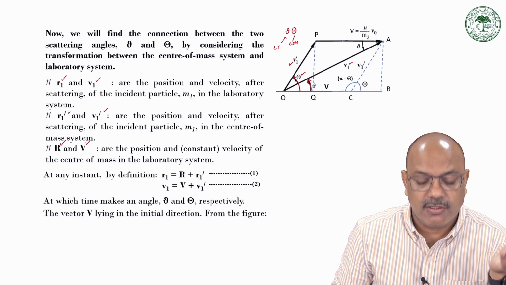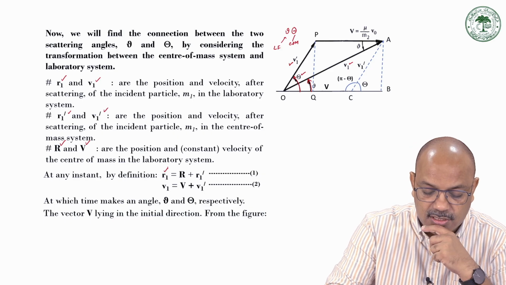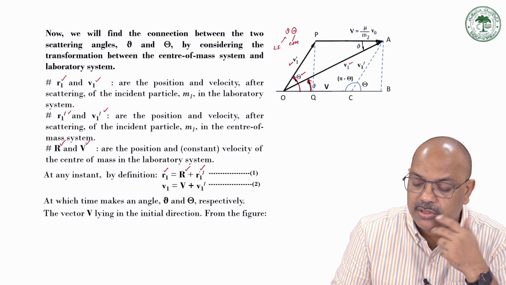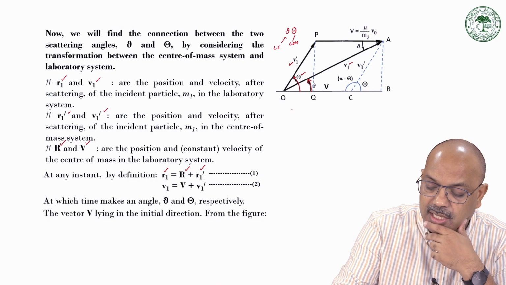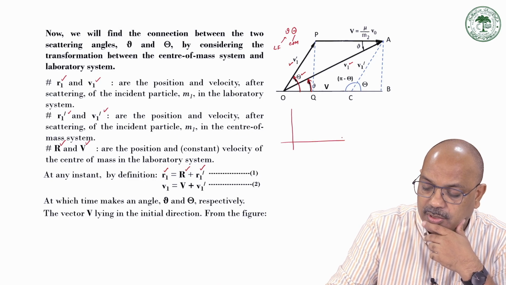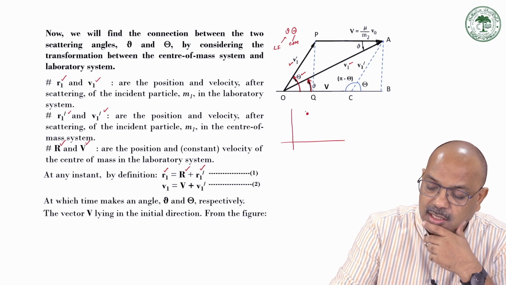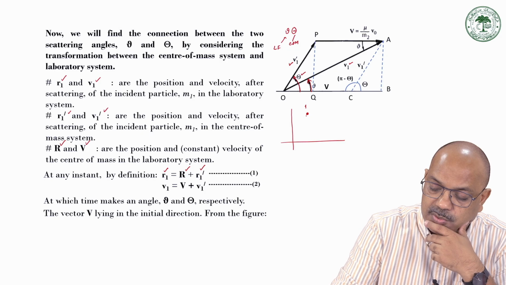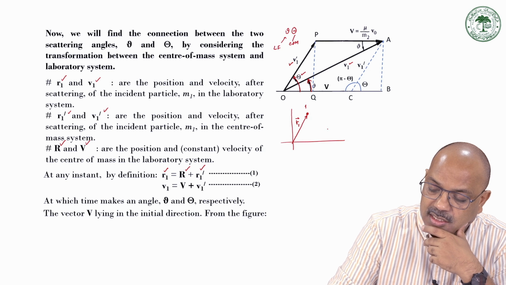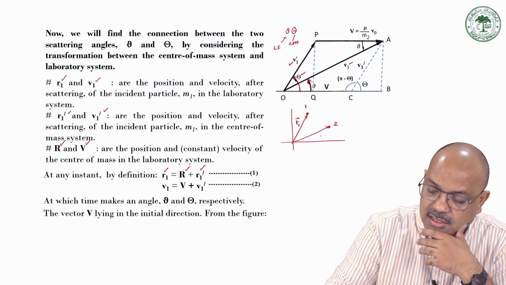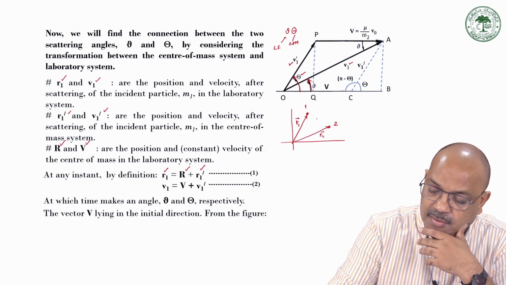So with the definition we know that R1 is R plus R1 prime. If you have a two particle system, this is my particle number 1 with position vector R1, and the second particle is here with position vector R2. The center of mass is somewhere here.